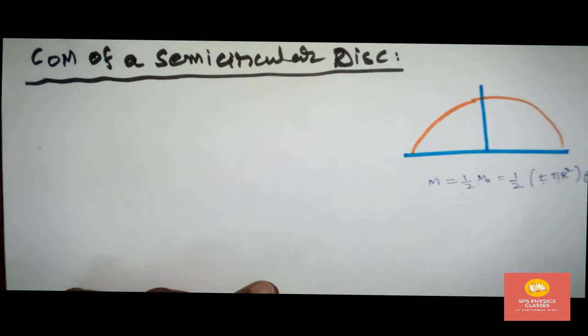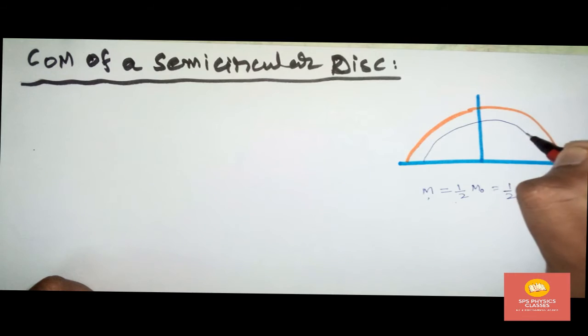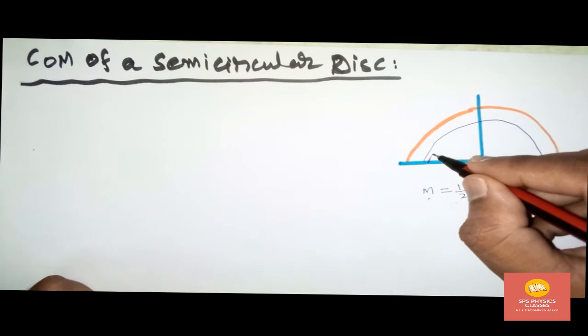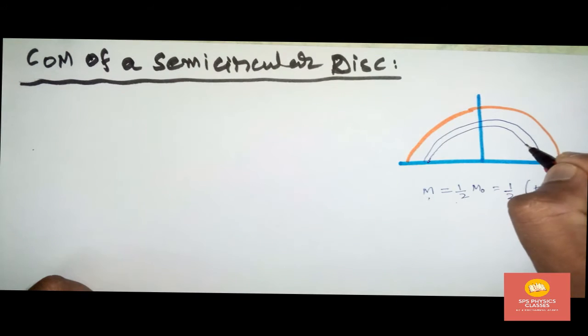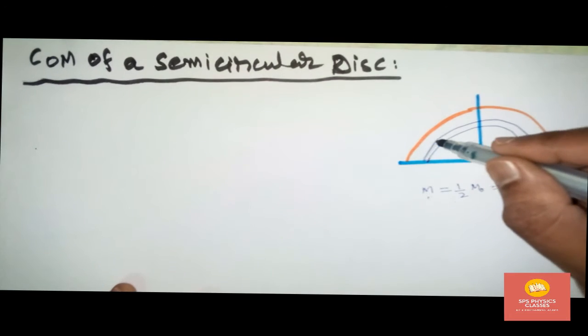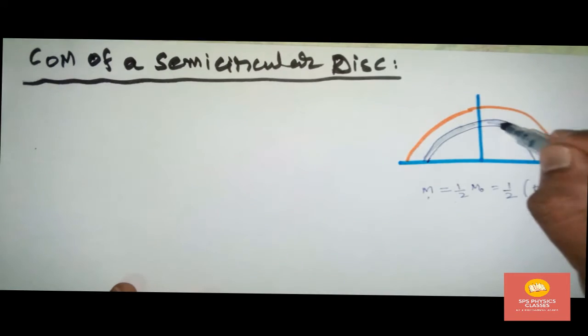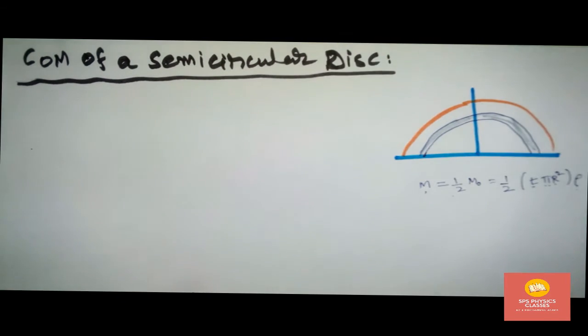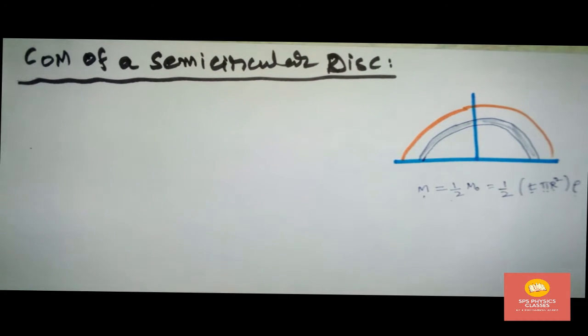Now I'm just considering a small portion of the disk like this, the smallest elemental portion we consider here.